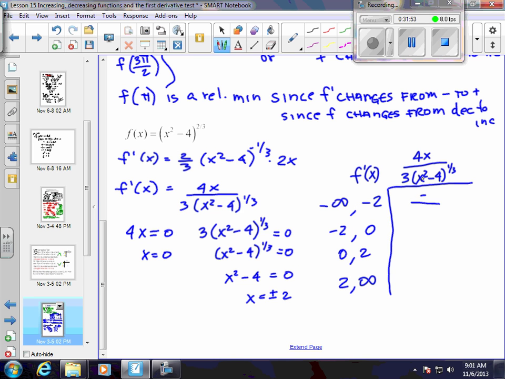The denominator, I'm squaring -6, subtracting 4, so that's a positive number. Taking the cube root of the positive number gives me a positive number. So in that interval, the derivative is negative, which means the function is decreasing.